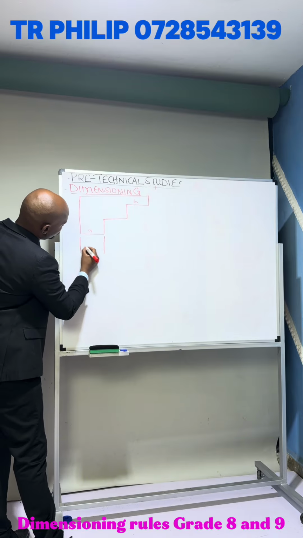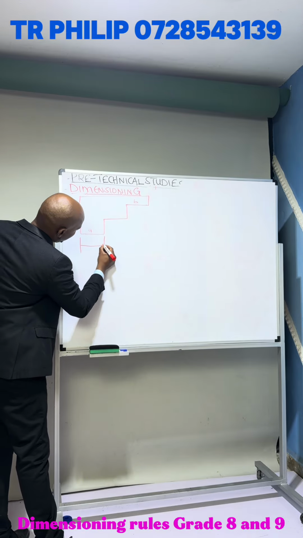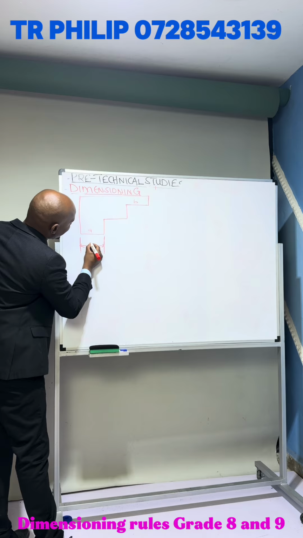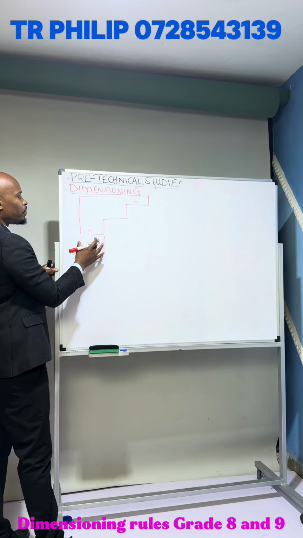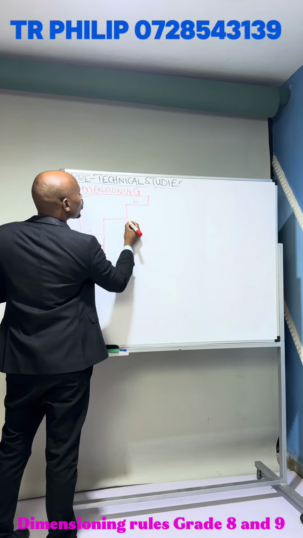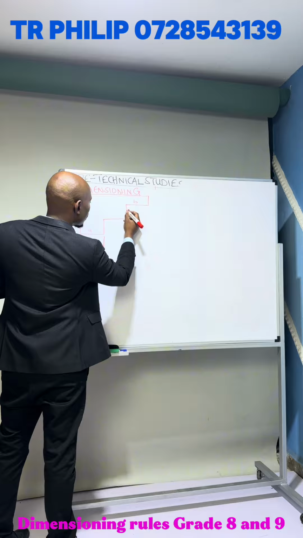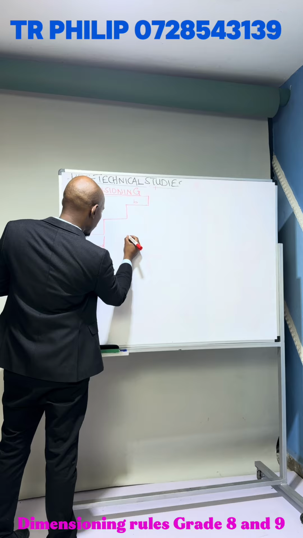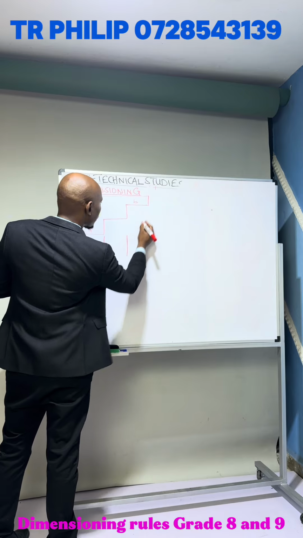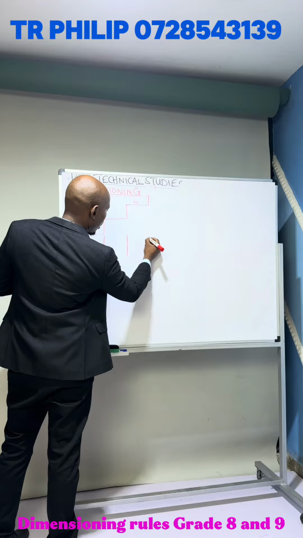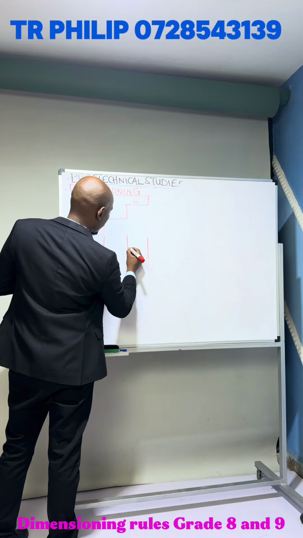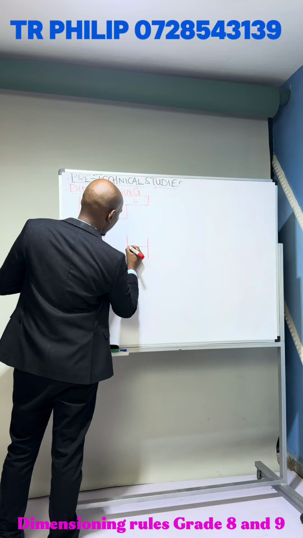This is how you make sure that they're in line. That's how you dimension A. But if you want B, you cannot come and dimension it here. Make sure that ruler extends down up to this point because they should be in one line. And you dimension like this.